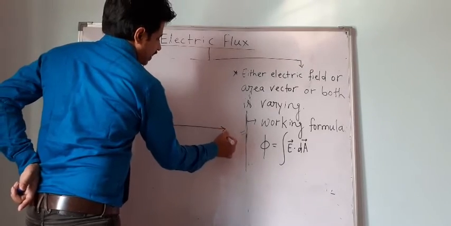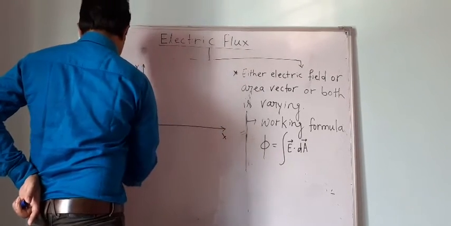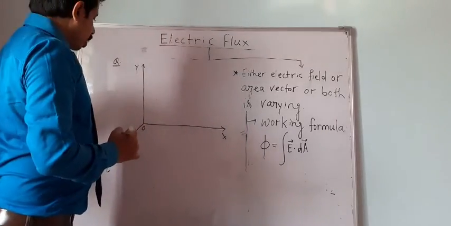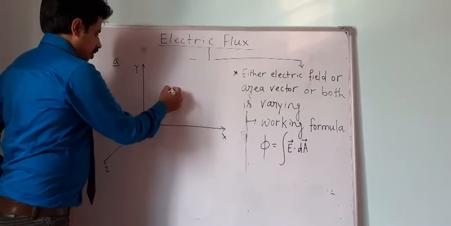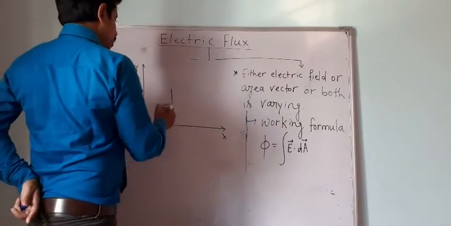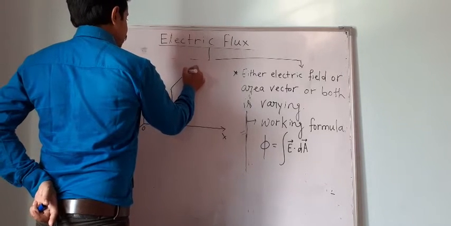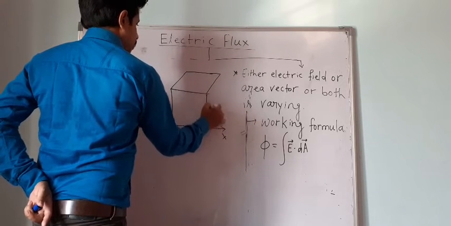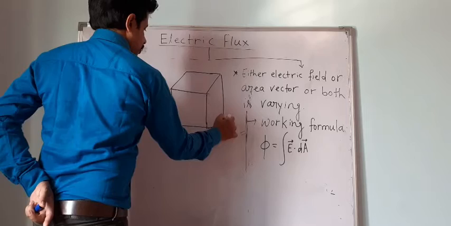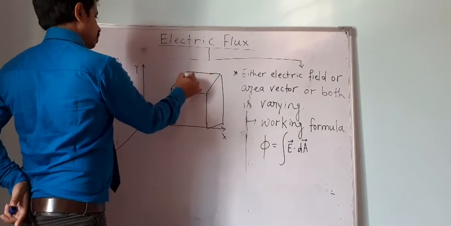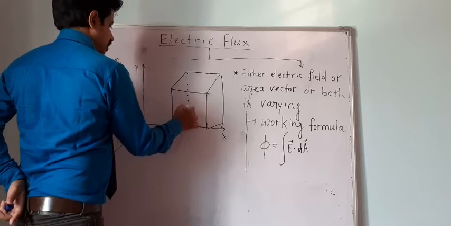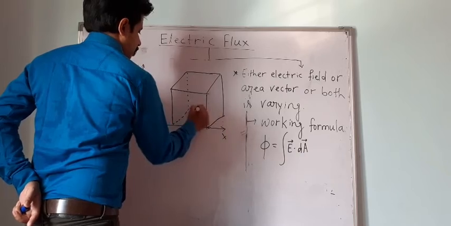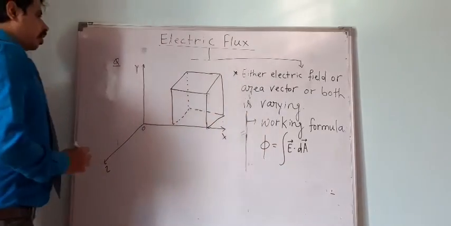This is my coordinate axis, x, y and z axis, and this is the origin. Now suppose I'm taking a cubical surface along this.